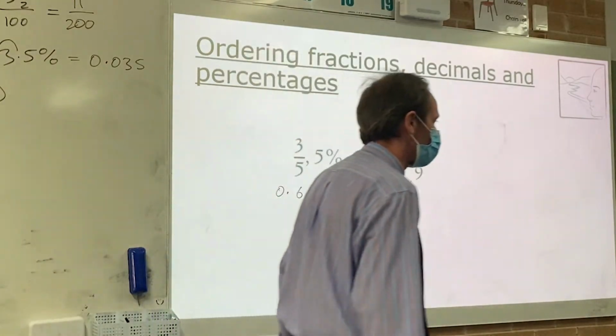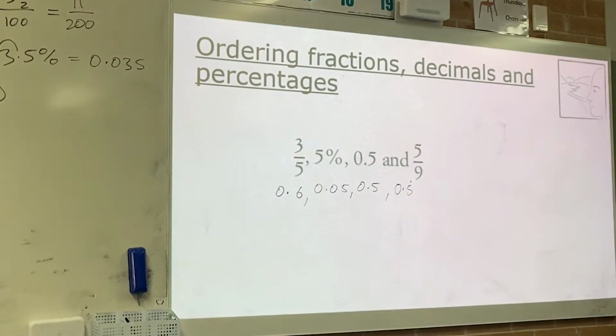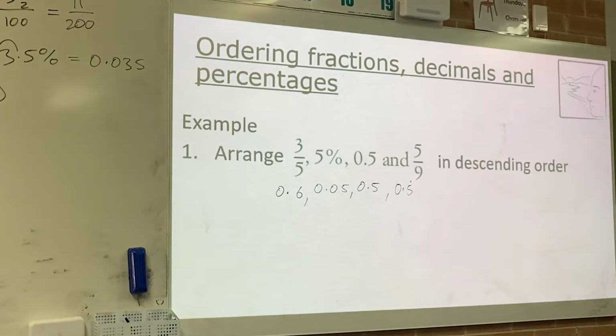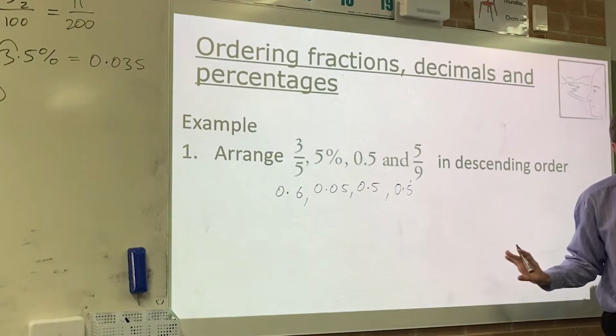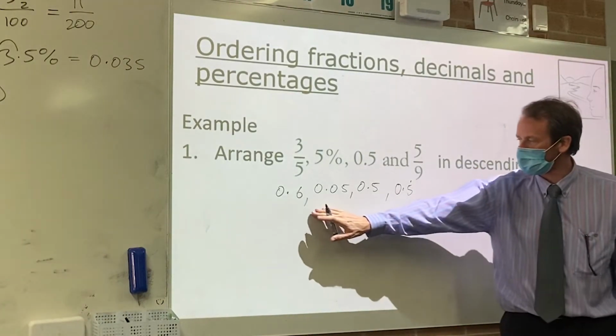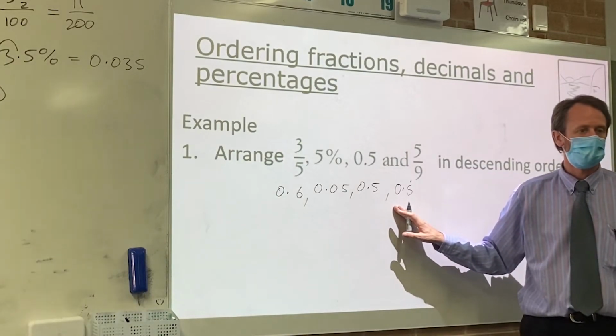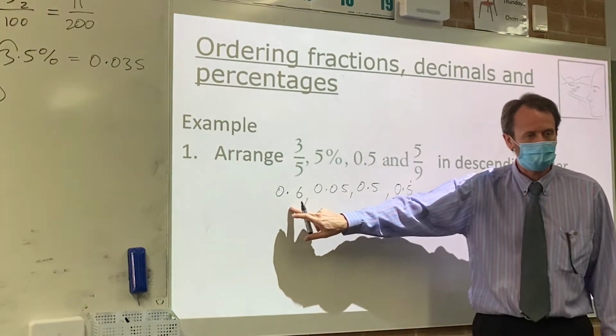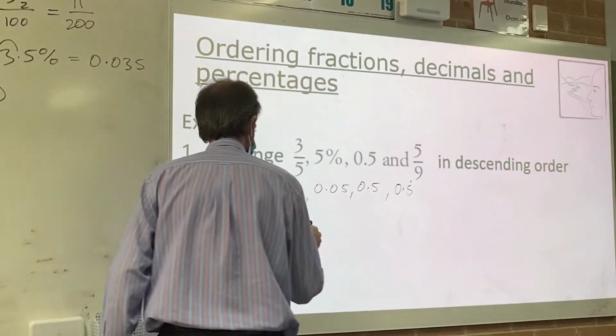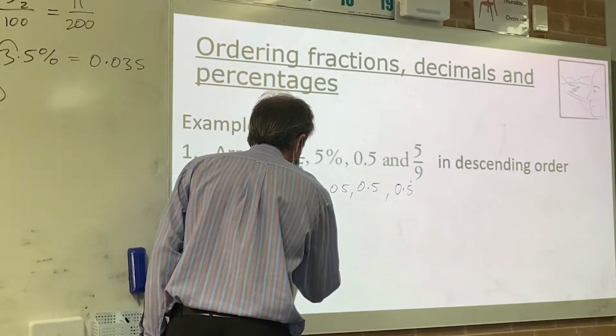Now we want to get it in order. Oh, have I written the question up? I meant to. I apologise. We want to get it in descending order. That means from biggest to smallest. Which one is the biggest here? 0.5 repeater. Not quite. What about this one? That one. Yeah, that would be good. 0.6 is bigger. So our order would be 0.6.